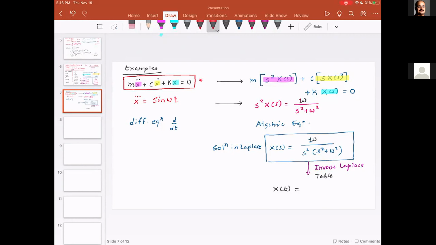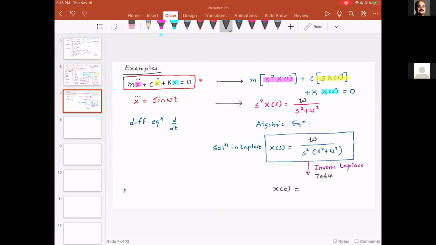So I'm going to go to MATLAB, but I want you to understand that when I try to solve this equation using Laplace transform, I need to convert the equation into a Laplace transform equation. So let me write this down.